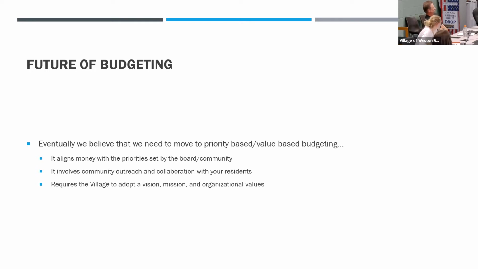Priority-based budgeting really takes the community's and the village's values and puts them on paper. And you're going to tell me, okay, you saw that most of my money goes to salaries for the village. So, okay, you're going to say, we can get rid of a person at the village. Well, what are your priorities? What are you going to pick?